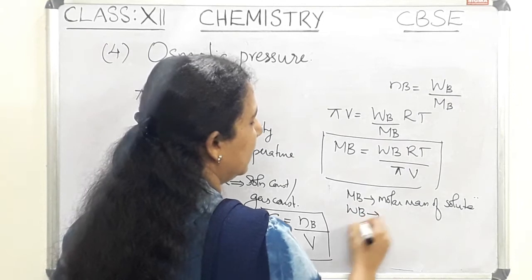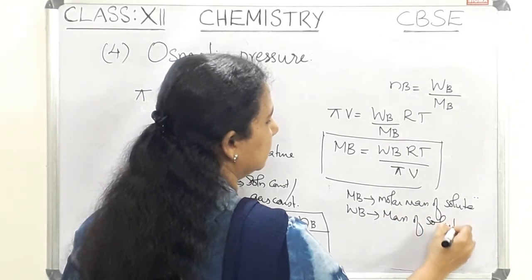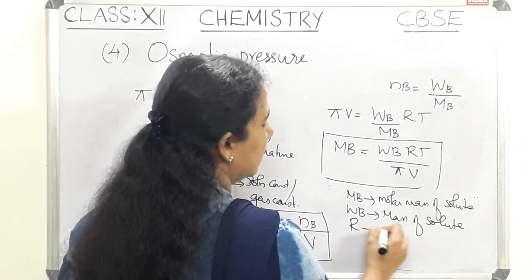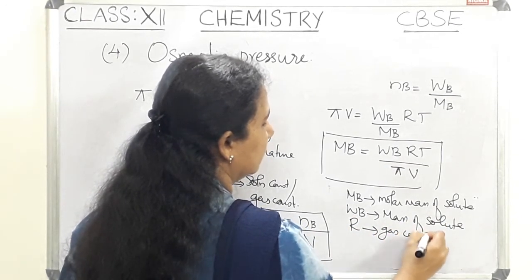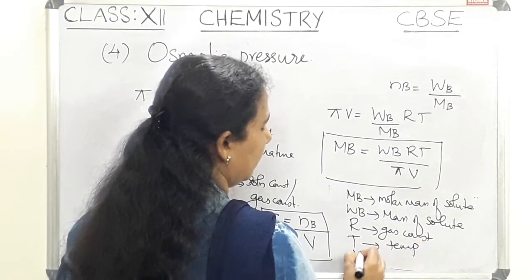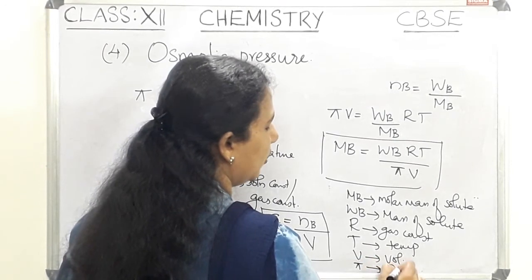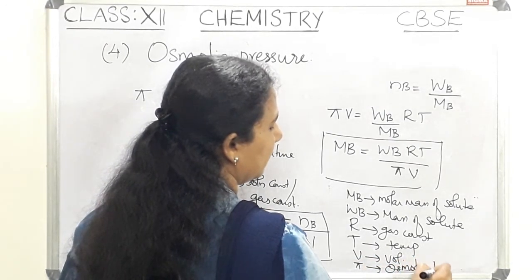Here WB is the mass of solute, R is the gas constant, T is temperature, V is volume, and pi is osmotic pressure.